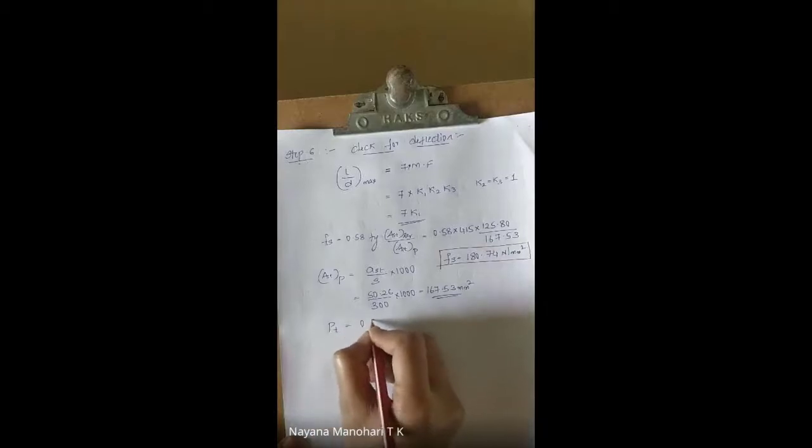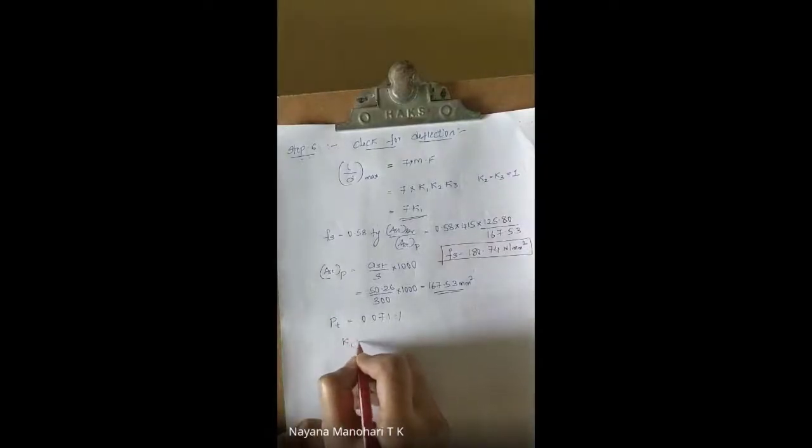Okay, once you calculate the Fs value, the PT value for the given PT is 0.071 percentage. Observe in that figure 4, page number 38, I think.